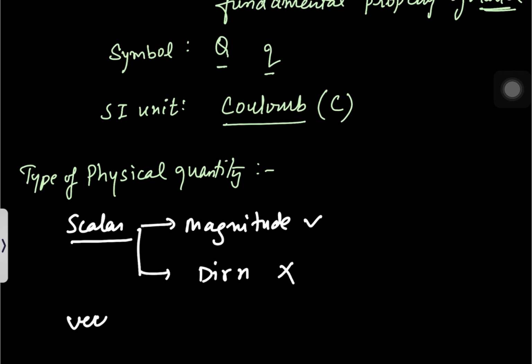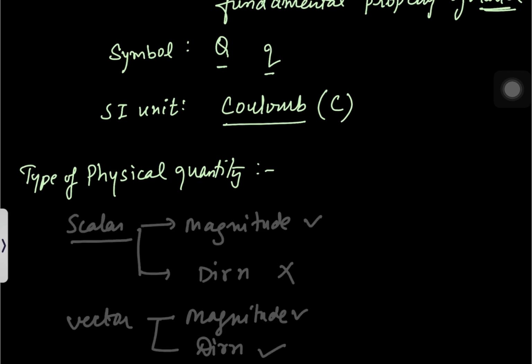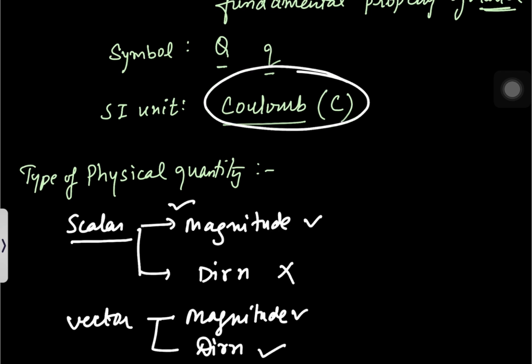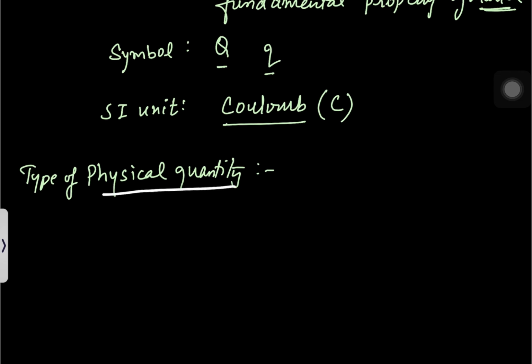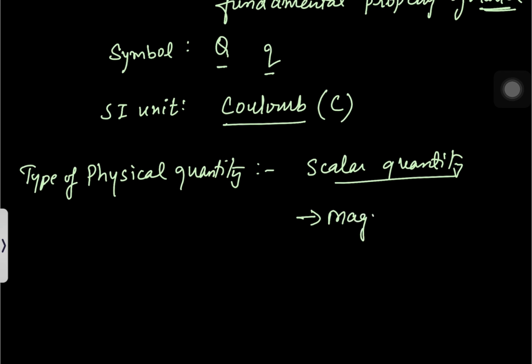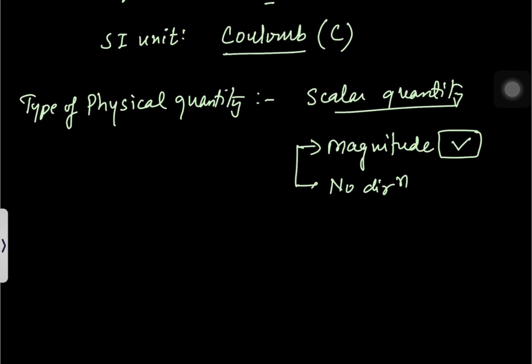But when we are talking about the vector quantity, it covers magnitude as well as direction. If we are going to talk about charge, so what type of physical quantity it is? It is a scalar quantity, because it only has the magnitude. It only has the magnitude present, but no specified direction. That is why charge is referred to as a scalar quantity.